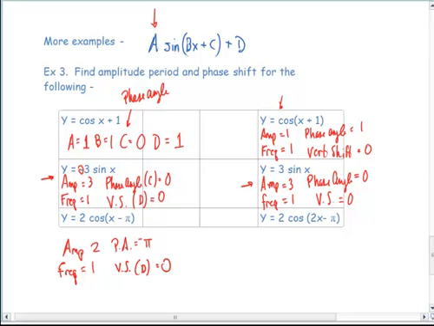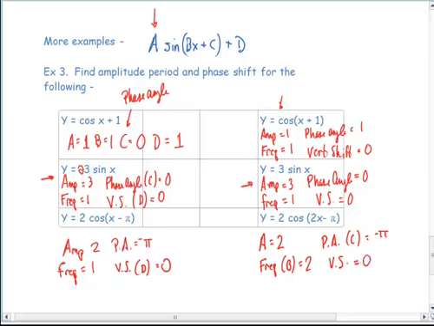The last problem, the amplitude is equal to 2. The frequency, which is known as the b value, is equal to 2. The phase angle, which is the c value, is equal to negative pi, and the vertical shift is equal to 0.